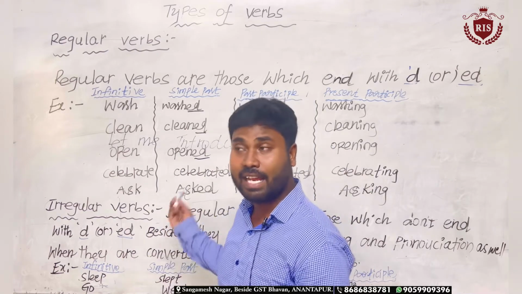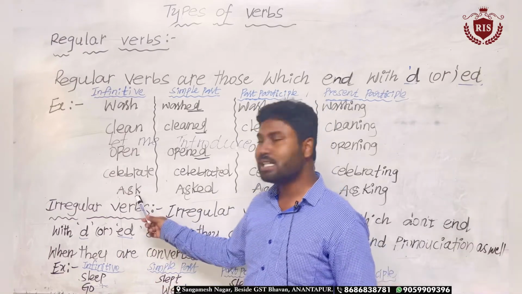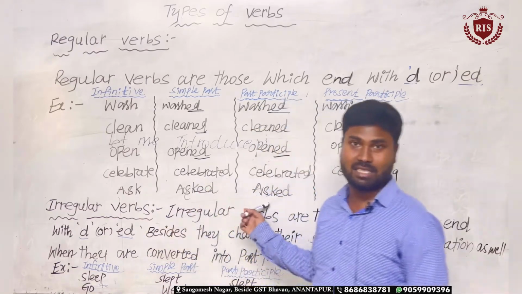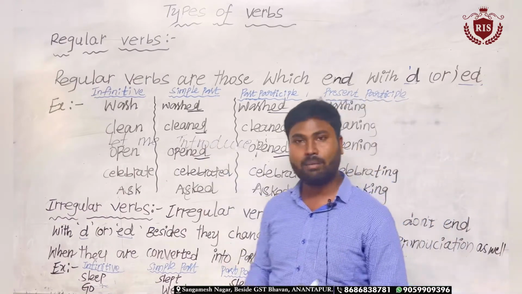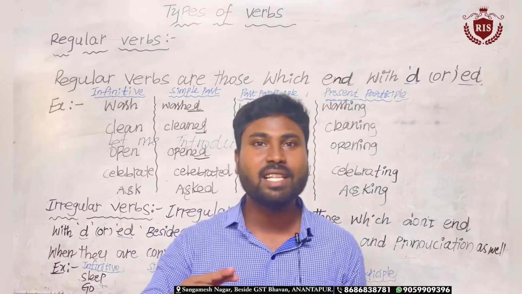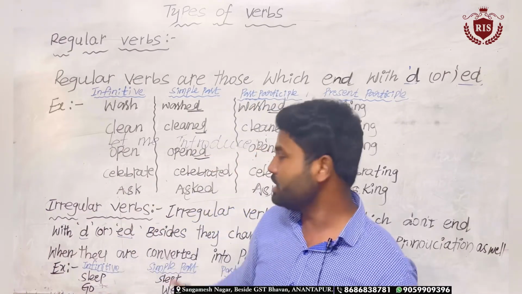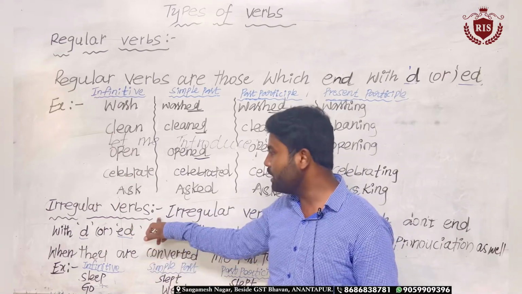Right, even they end with D or ED. Next, ask. Ask, asked, asked. Even it ends with ED. These are some examples of the regular verbs which end with D or ED. And still we have one more type, called irregular verb.